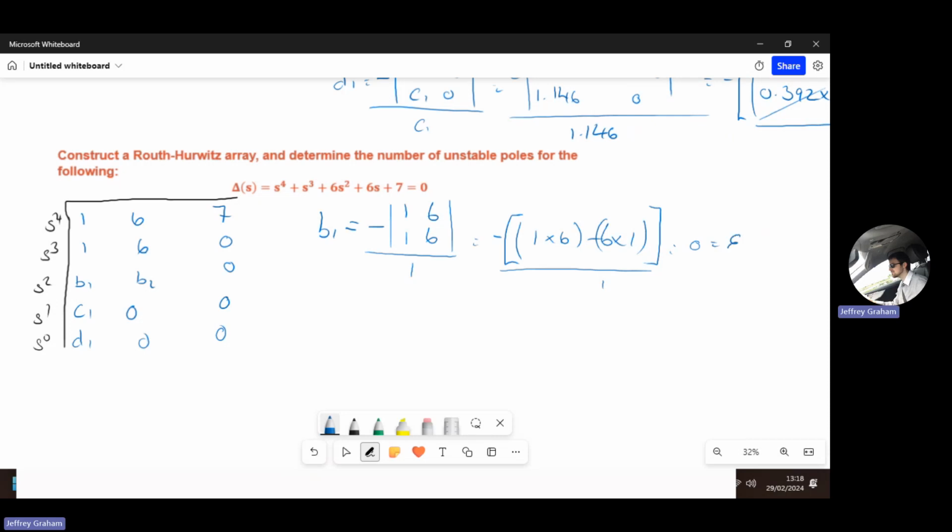We need to put in our epsilon. B2 is 1, 7, 1, 0, moving the second column into the next bit, all over 1.